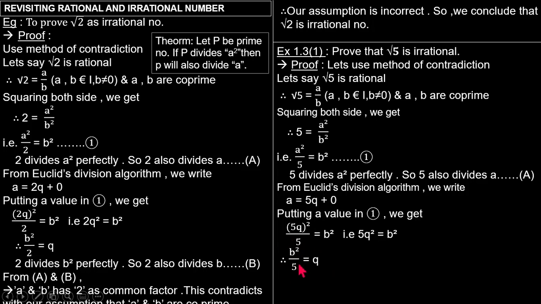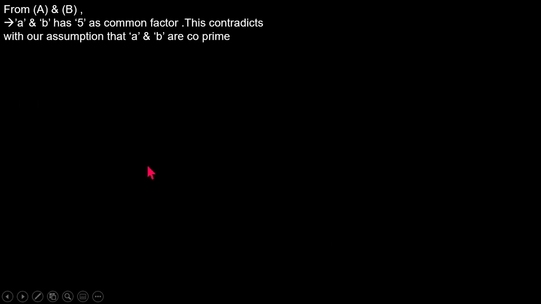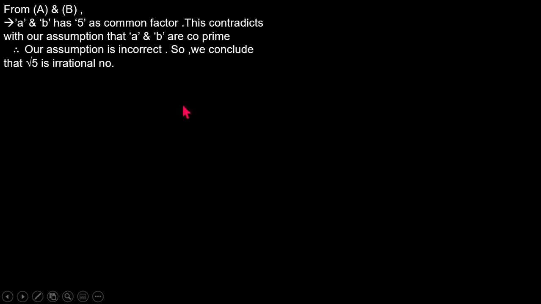Now this equation tells that 5 divides b square perfectly, so therefore 5 also divides b. So from the two results for a and b, we conclude that they have a common factor 5. However, this contradicts our assumption that a and b are co-prime numbers that we have taken earlier. So our assumption is incorrect, and hence we conclude that root 5 is an irrational number.